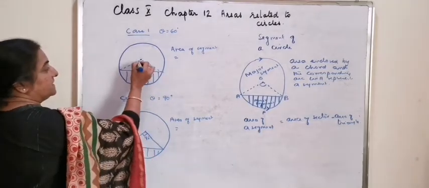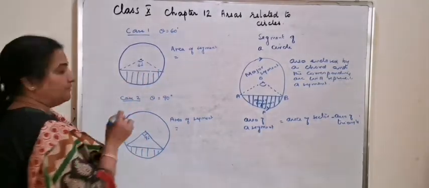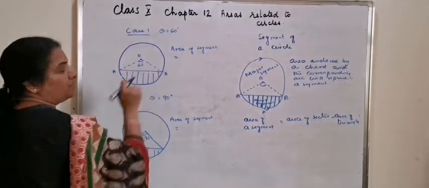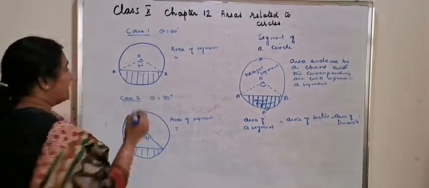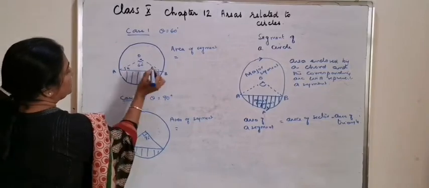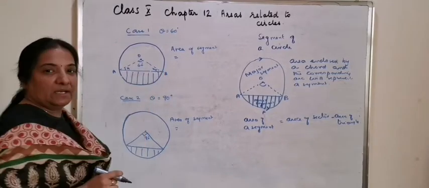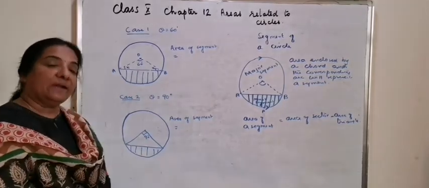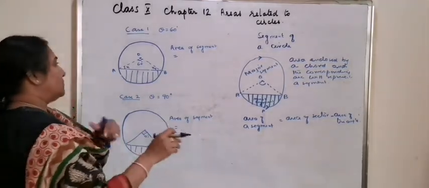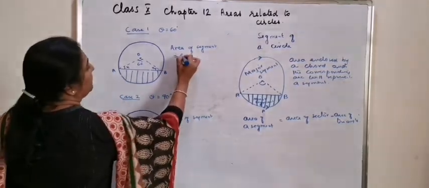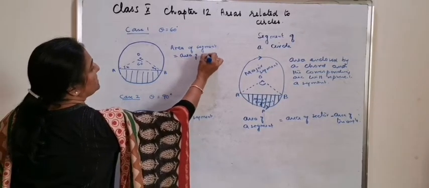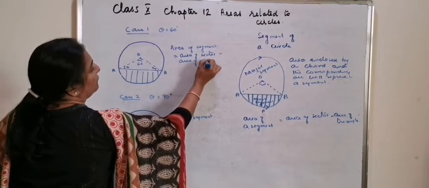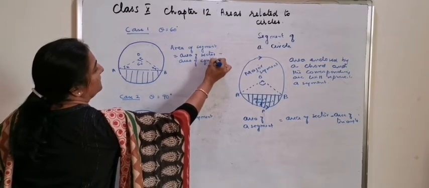If the sector angle is given as 60 degrees, the radii OA and OB are also equal, which shows that these two angles are also equal. Hence, triangle OAB will be an equilateral triangle. So, area of segment is equal to area of sector minus area of equilateral triangle.